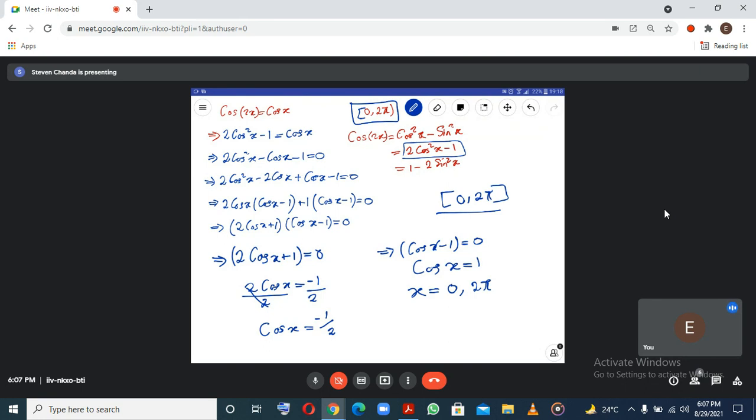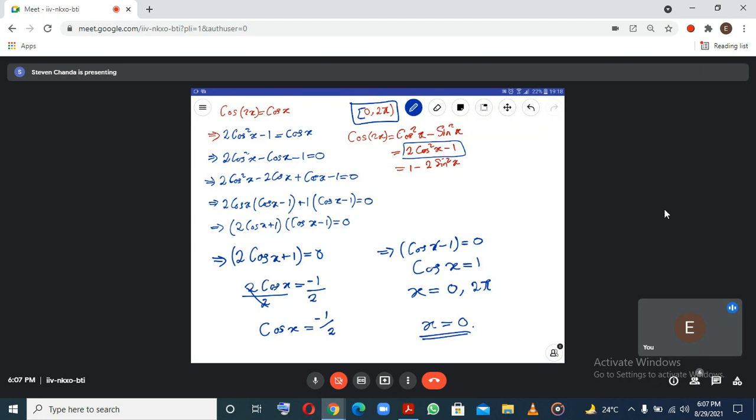So the reason I've chosen to add that is so that we can see just how important it is to always look at your range. Based on our range, we're only going to get x equal to 0, because our range is greater than or equal to 0 but less than 2 pi.